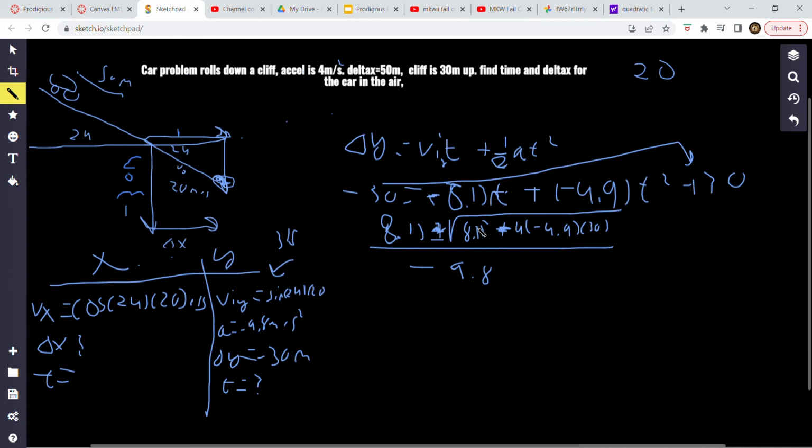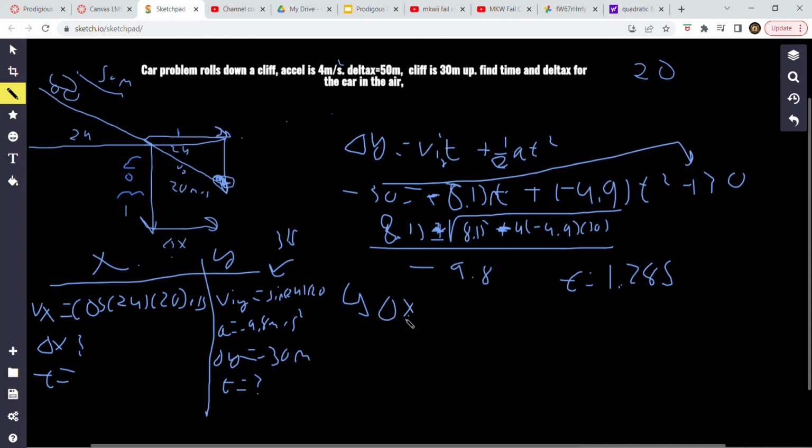And we're going to subtract in this case. I'm going to get time is equal to 1.78 seconds.